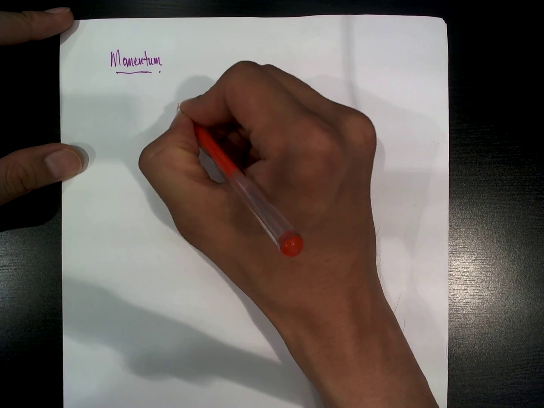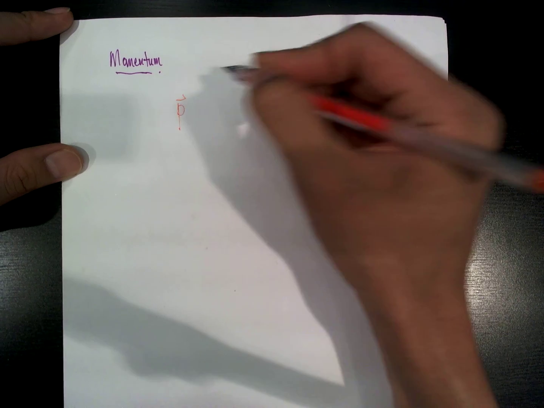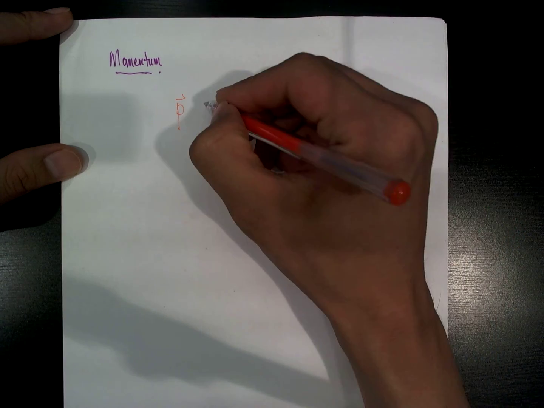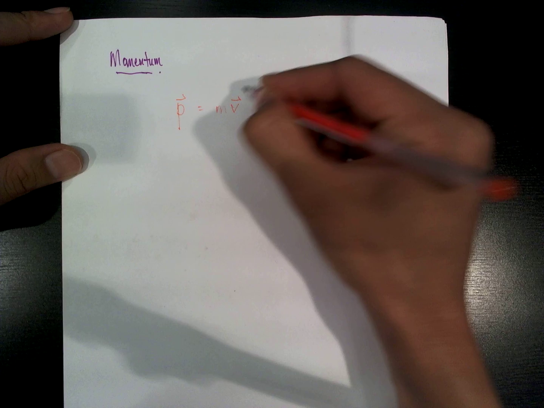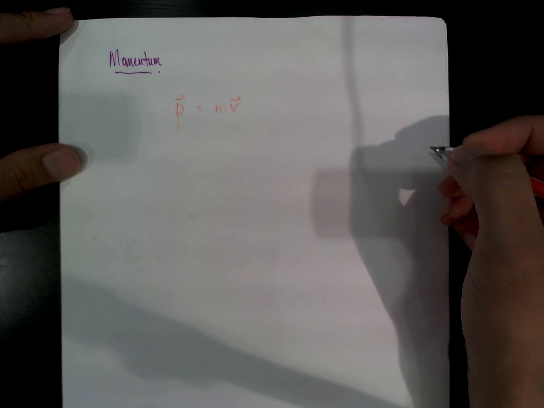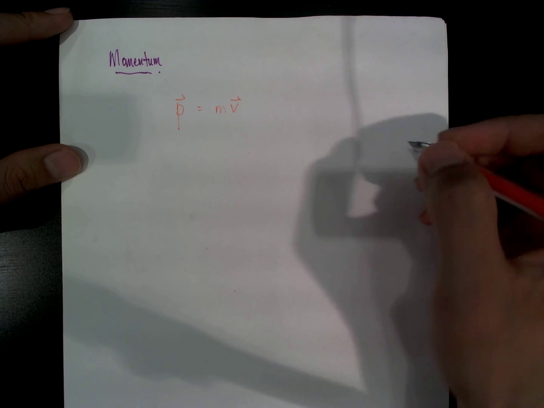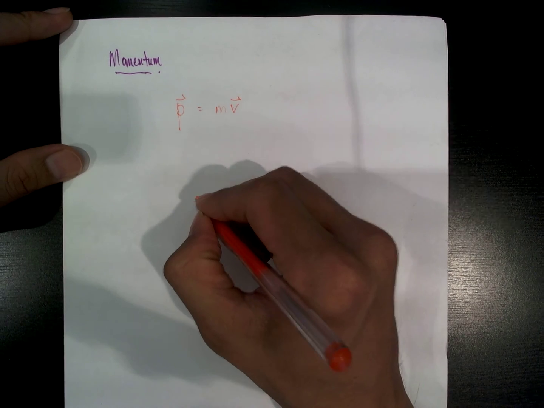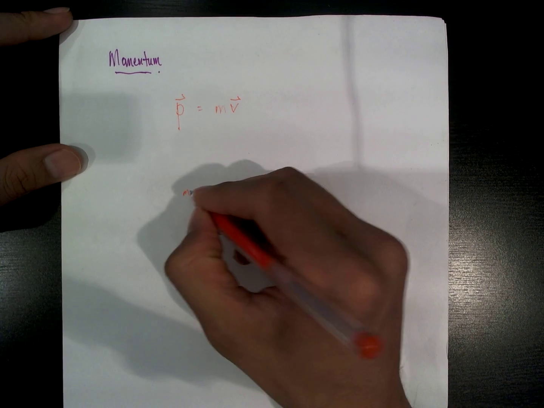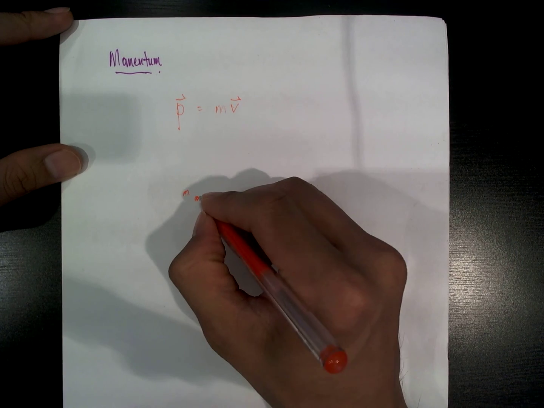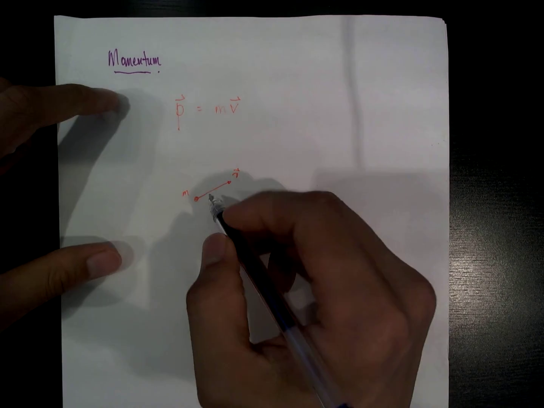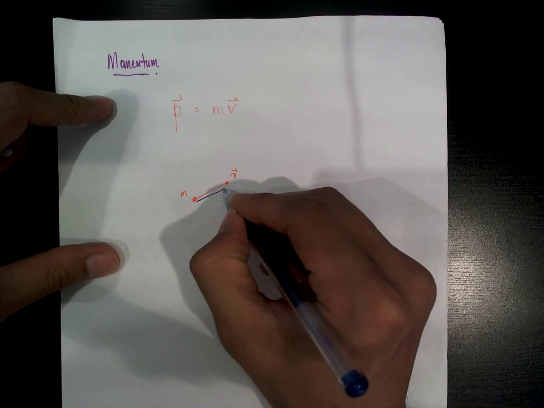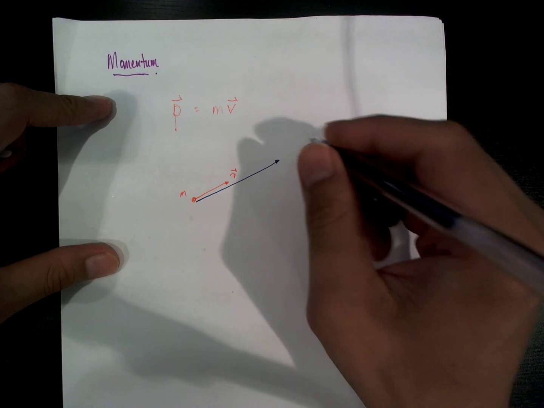We represent momentum with the symbol P, and it's defined as the mass times the velocity vector of a particle. So if I had a particle of mass m moving with some velocity v in that direction, then the momentum is simply the scaled vector of velocity, right?